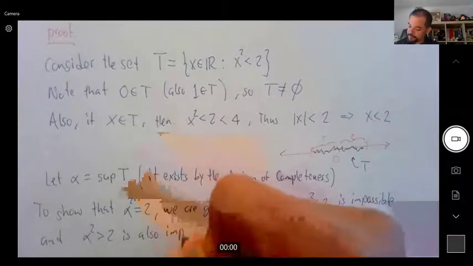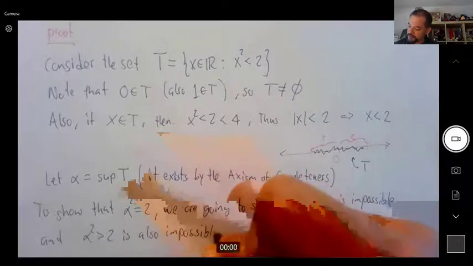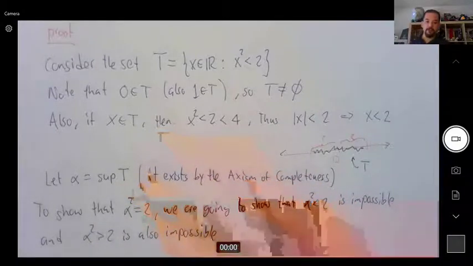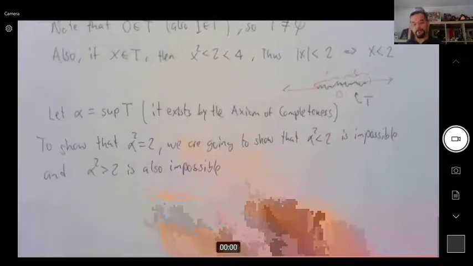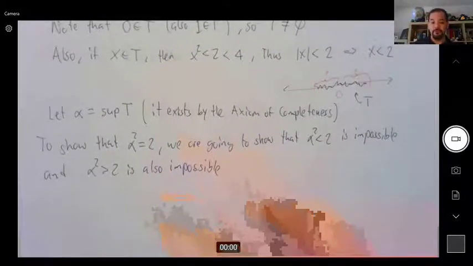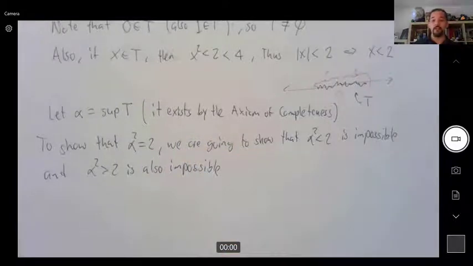Does that make sense? If it cannot be less than 2 and it cannot be greater than 2, then the only other possibility is that it is equal to 2. So it's a very indirect way of showing that it equals 2.